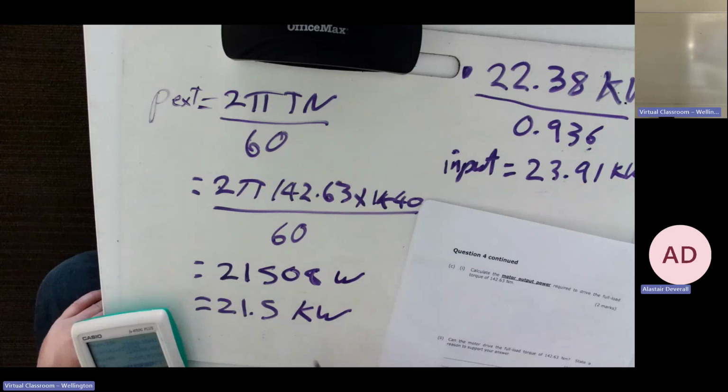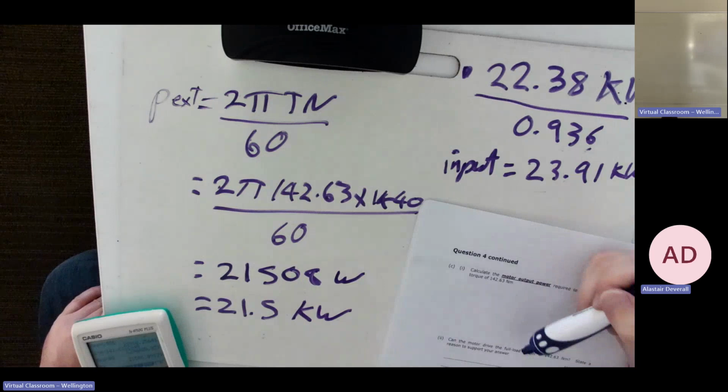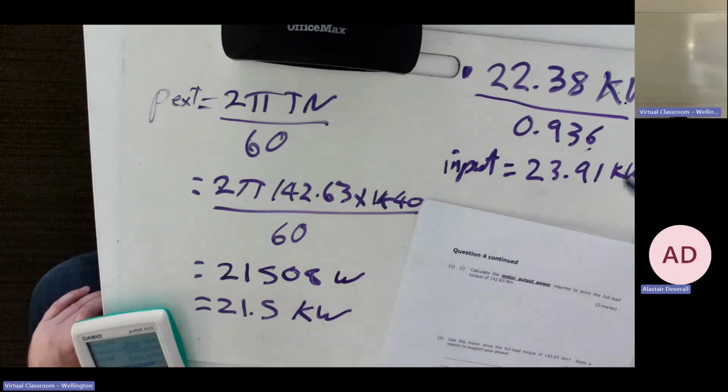So what's required to drive the full load is 21.5 kilowatts. Can the motor drive the full load torque of 142 Newton meters? State the reason to support the answer.